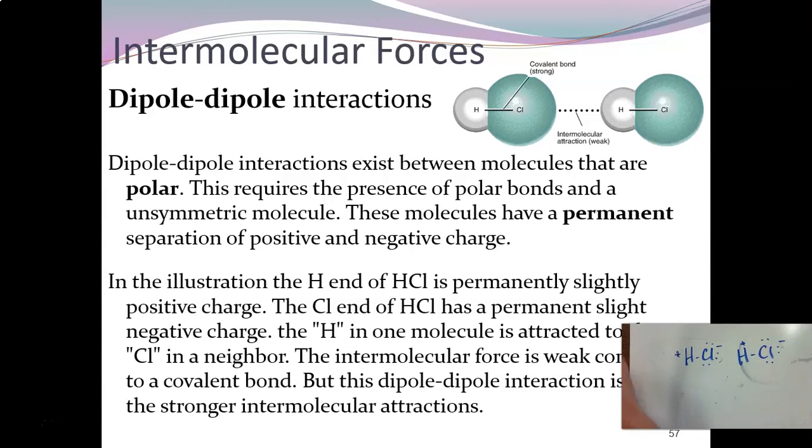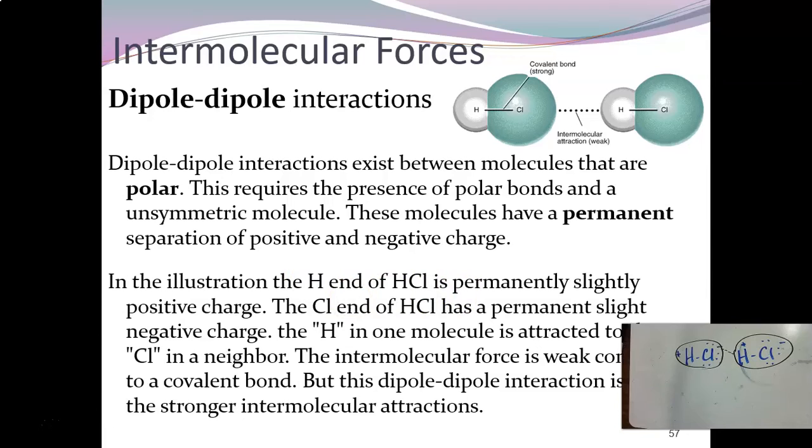Well, there will be a force of attraction between the negative end of this HCl molecule and this HCl molecule. This one's positive, this one's negative. So it's those positive and negative ends that are attracting one another in a dipole-dipole interaction. So the hydrogen end of the hydrochloric acid is permanently positively charged.